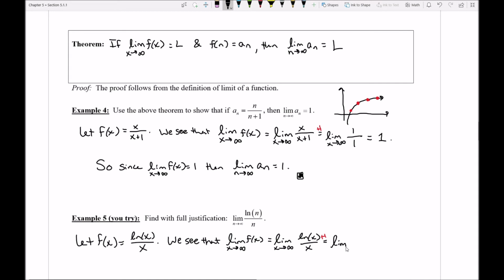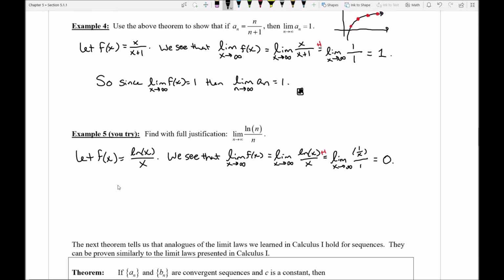This then means that when I take the derivative of the top, I get 1 over x, and on the bottom I get 1. But really this is then just a limit of 1 over x, and as x goes off to infinity, this has an answer of 0. I haven't answered the question, but I can easily go ahead and just write down my conclusion.